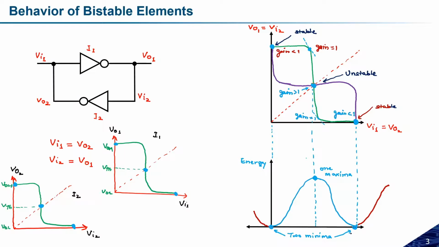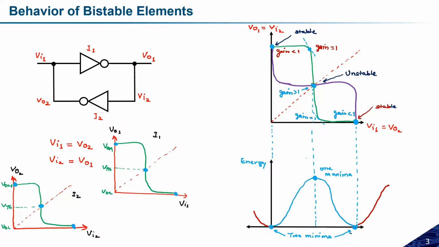So if I have a bistable element where we have two stable points and one unstable point, in that bistable circuitry, we will observe one maximum energy node and two minima energy nodes, where the energy will be minimum where the two stable points are. So this is important to understand.